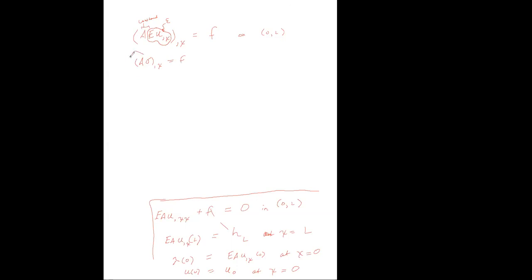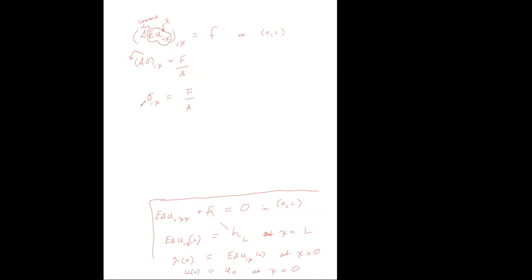The A can come out because it's a constant, and then we divide by A. And we get our very famous equation from beginning strength of materials that says this.